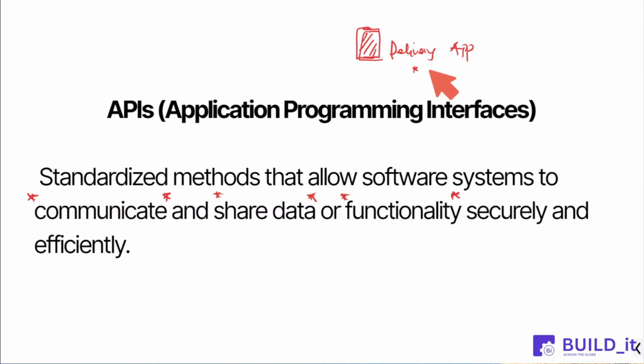So they want to have a weather prediction system integrated into the delivery app so that they get to track the weather conditions and make informed decisions whenever they are working. Good. So this is what we are going to do.